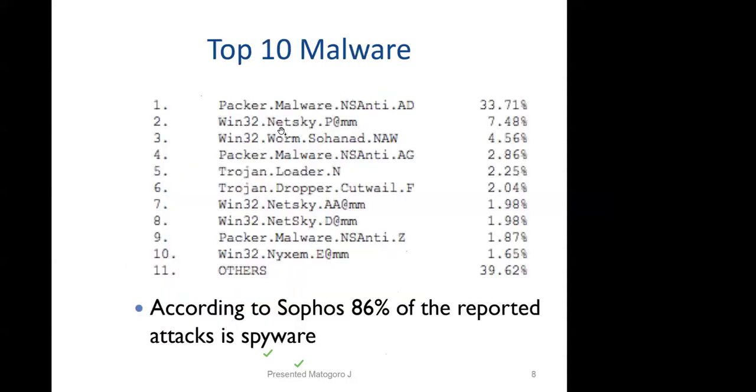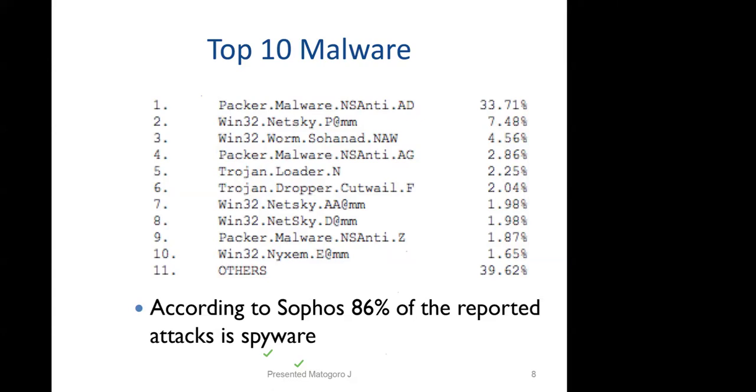So you actually have the top 10 malware in the presentation, but I also shared in the WhatsApp group, our course group, the book or PDF which explains recent malware. I think this is for 2024.